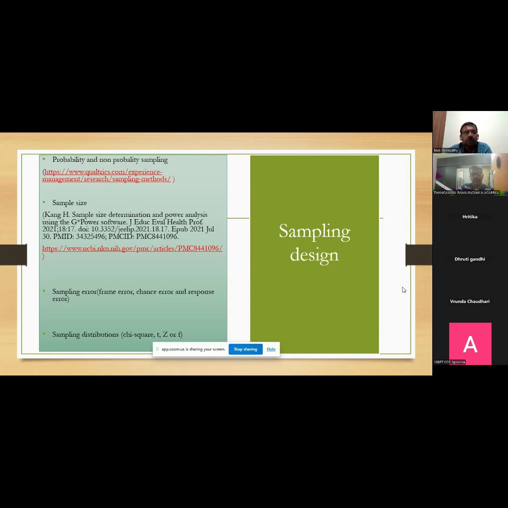We are not supposed to do non-probability sampling when we conduct the experimental study design, because if you don't follow the principle of probability in sampling, then that design becomes a quasi-experimental design. So it will not be considered as a, what do you call it?